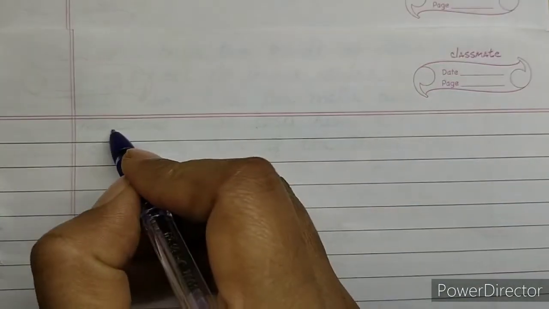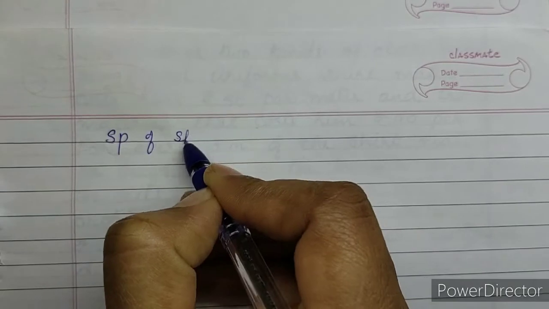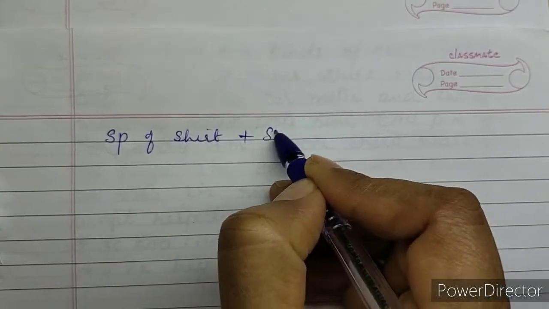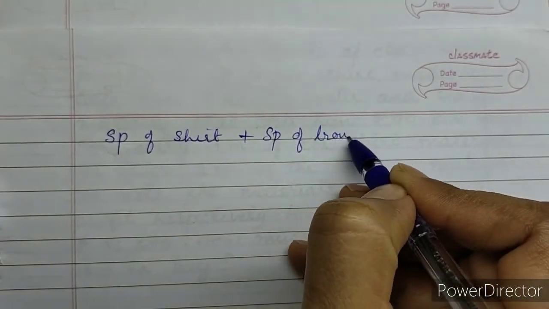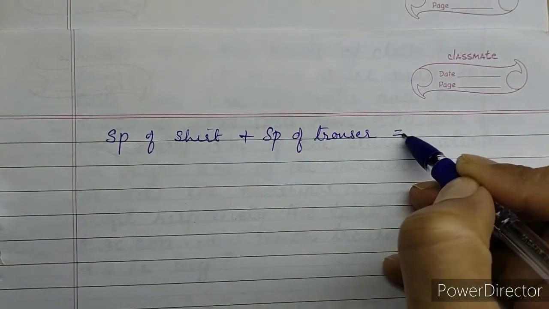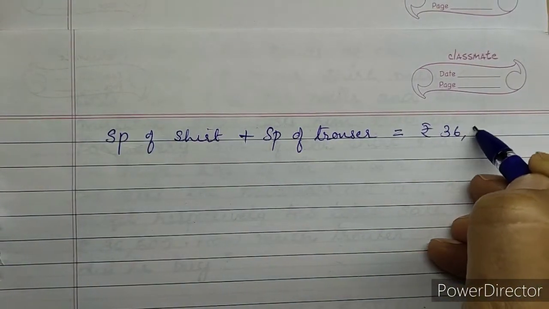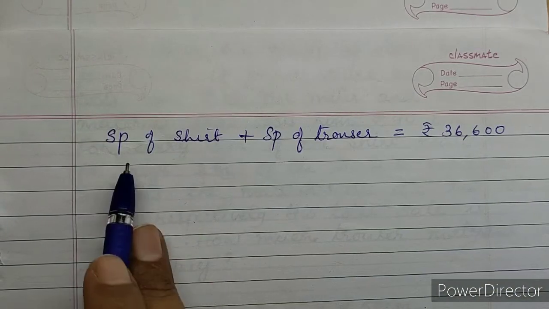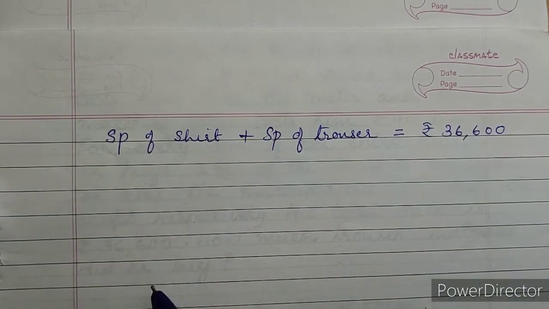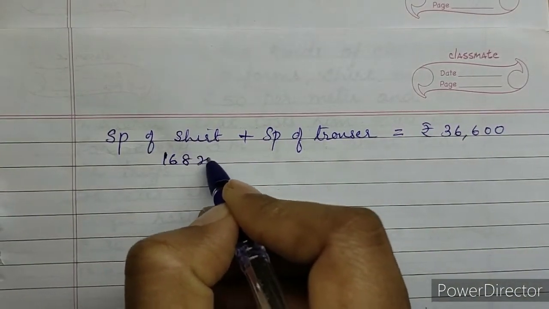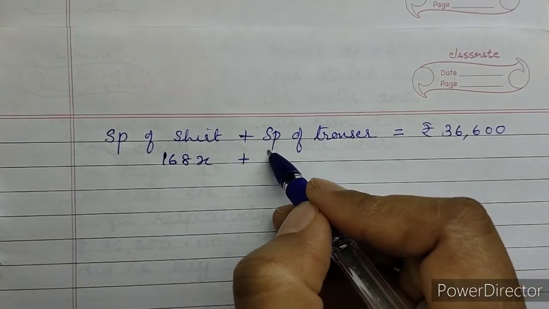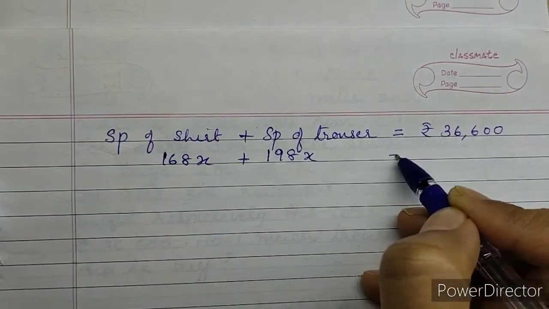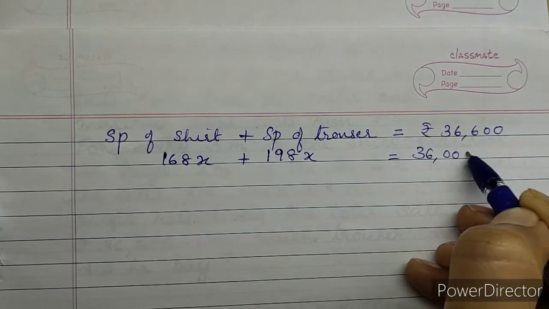Now according to the question, selling price of shirt plus selling price of trouser equals rupees 36,600. So selling price of shirt is 168x and selling price of trouser is 198x, equals 36,600.